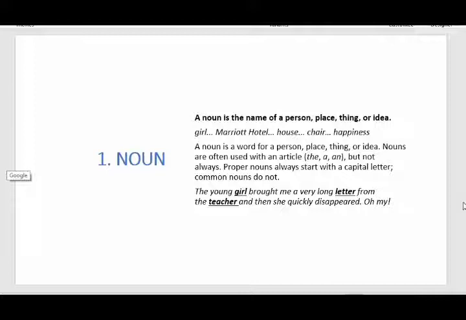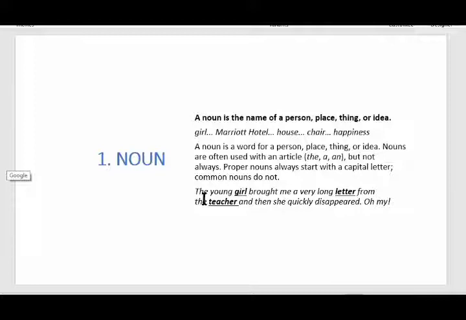Also, in the last lesson, we have discussed proper nouns. Nouns can be basically divided into two types, common and proper. Common nouns are usually written in small letters, whereas proper nouns always start with a capital letter, irrespective of its position in a sentence. Proper noun is always written using first letter capital.